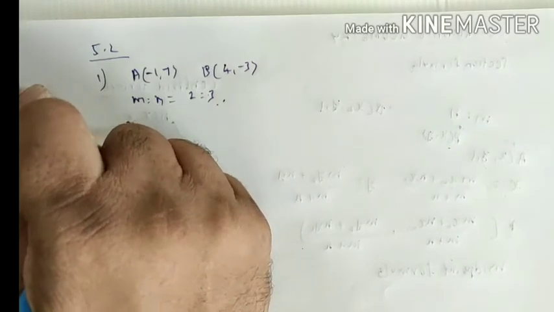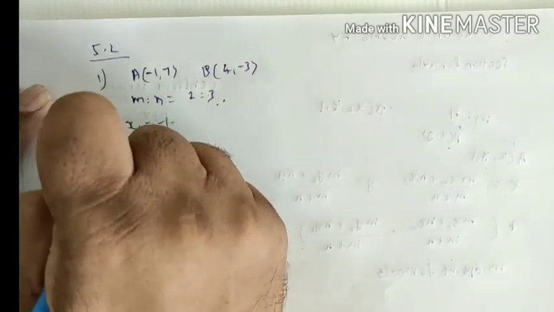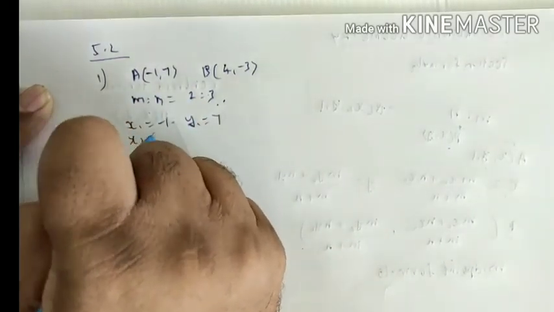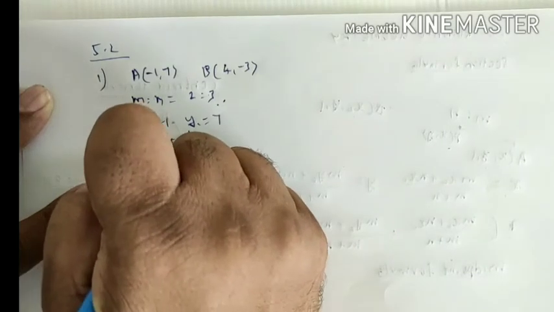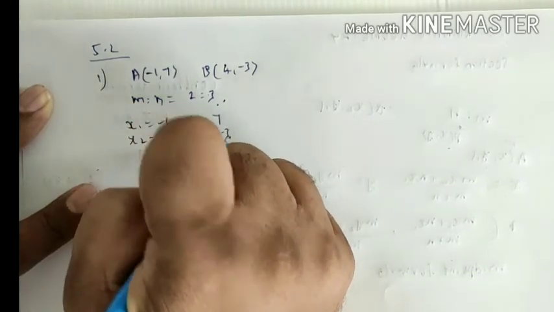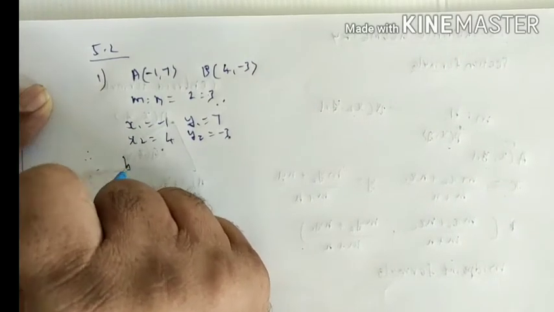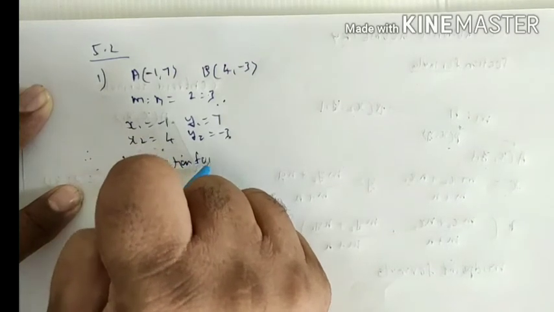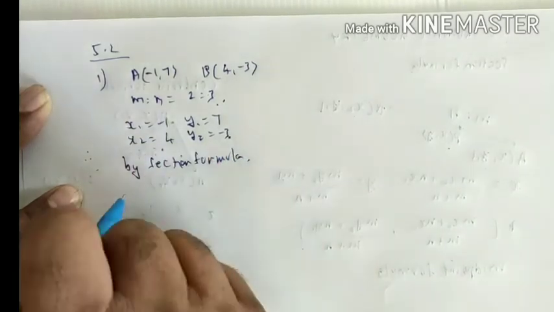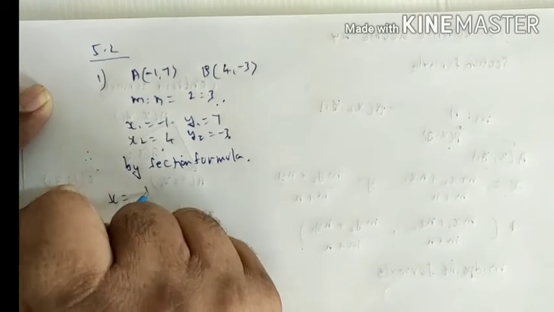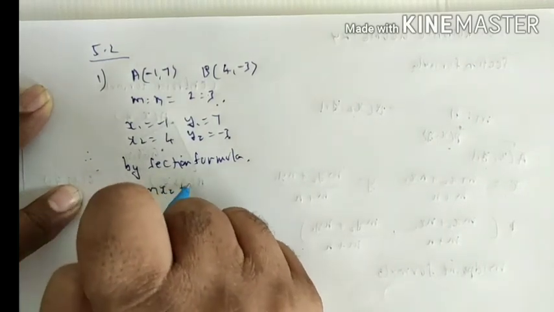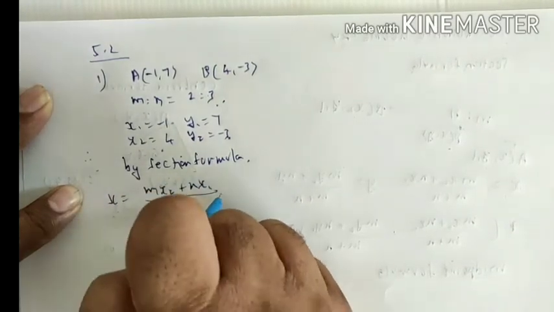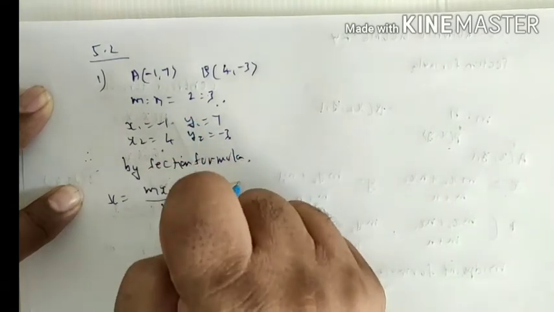Now here see, here x1 is -1, y1 is 7, x2 is 4 and y2 is -3. Therefore, by section formula, x is equal to mx2 plus nx1 upon m plus n, which is given by, what is m here? 2.